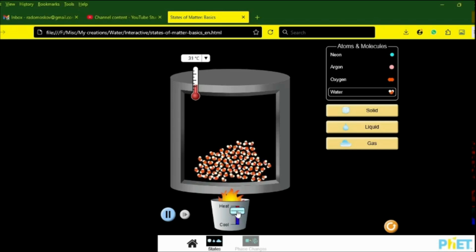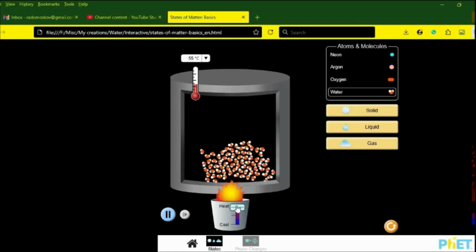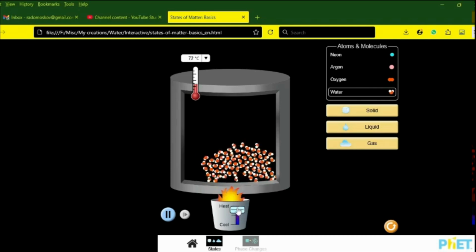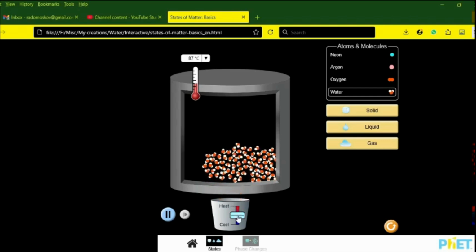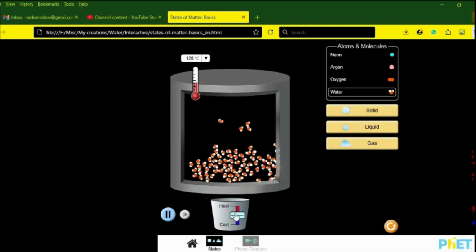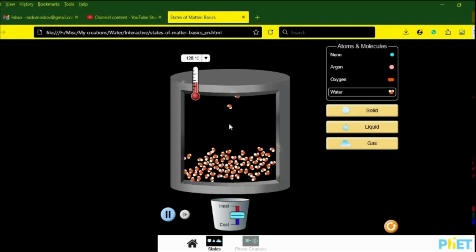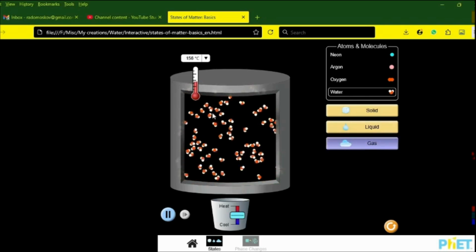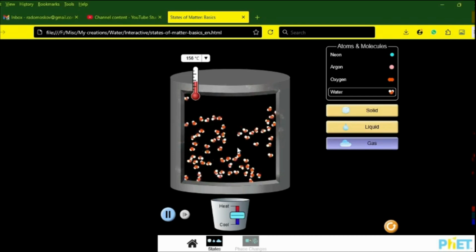And the more heat I put, the more kinetic energy you've got. When I put more heat, I increase the kinetic energy. Now I can see they start moving faster and faster and faster. And when it's 105 degrees, you can see some of the molecules start flying. The water is boiling actually, and the water becomes gas, completely evaporated.